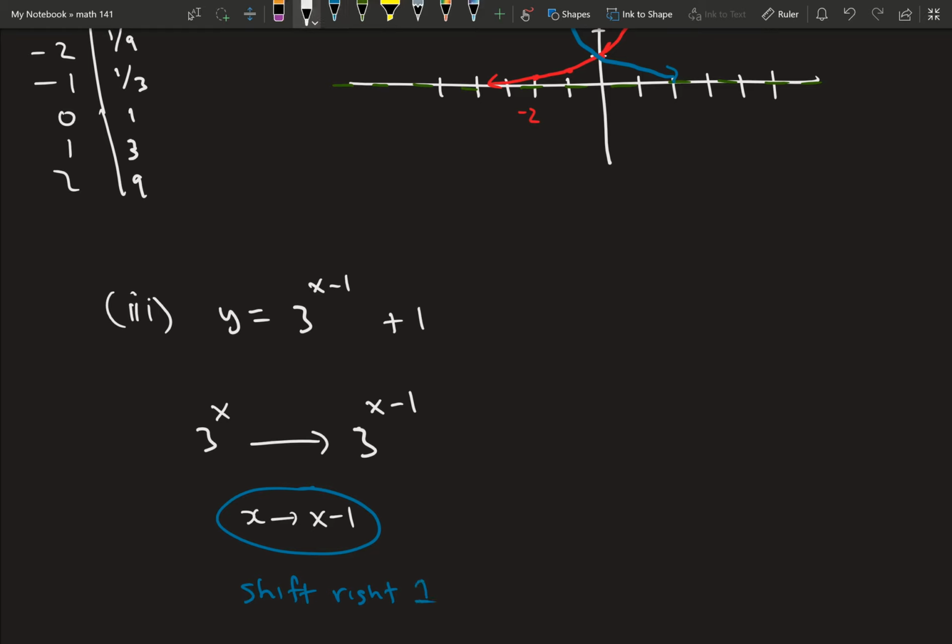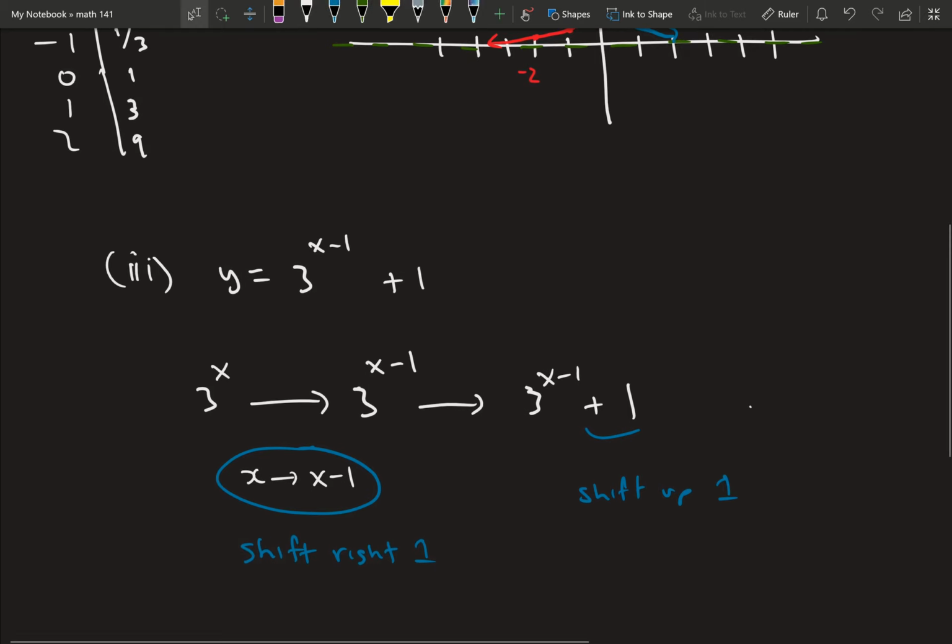And then we finally get the final graph, which is adding 1, and the adding 1 part is a shift up by 1 unit. So you can think of these in terms of shifts. Of course, you can just directly plug in points. We'll try to do a little bit of both, so you see both methodologies.